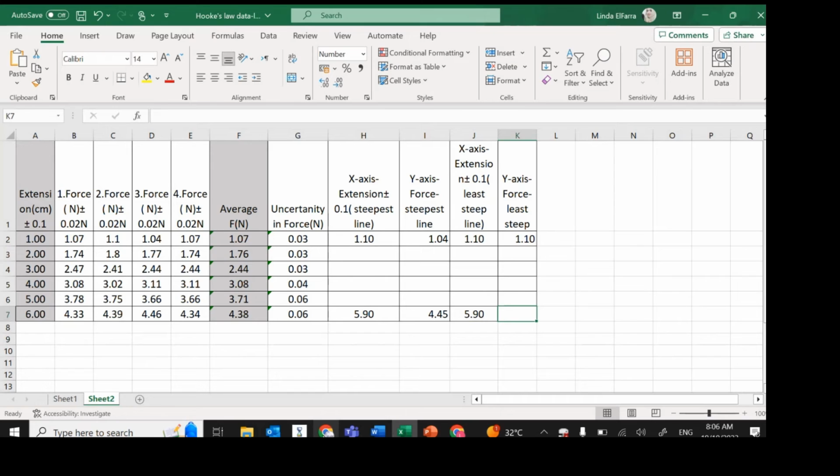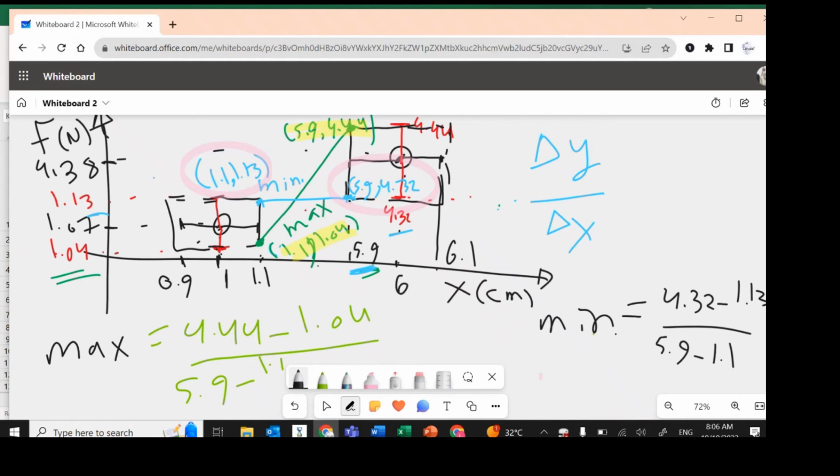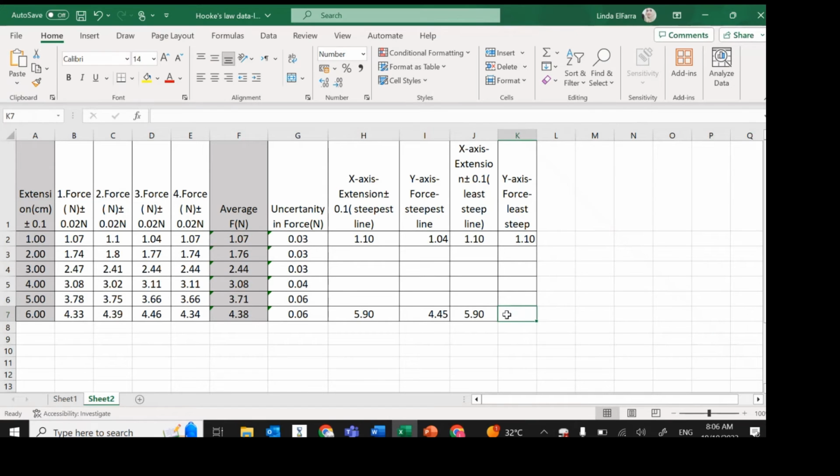And for Y value, we're talking here about this point. So I took the value of this force, I'm moving down by the value of uncertainty. So I should get 4.34. So it will be equal the value of F, the average force, minus this value of uncertainty, and then hit enter, which is 4.32.